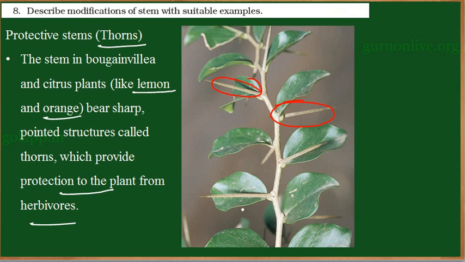So again this is a modified stem. The stem modifies and becomes a sharp pointed structure. We call the structure thorns. They are found in plants like lemon, orange, or plants which belong to the citrus family, or plants like bougainvillea. So these are the examples for thorns.